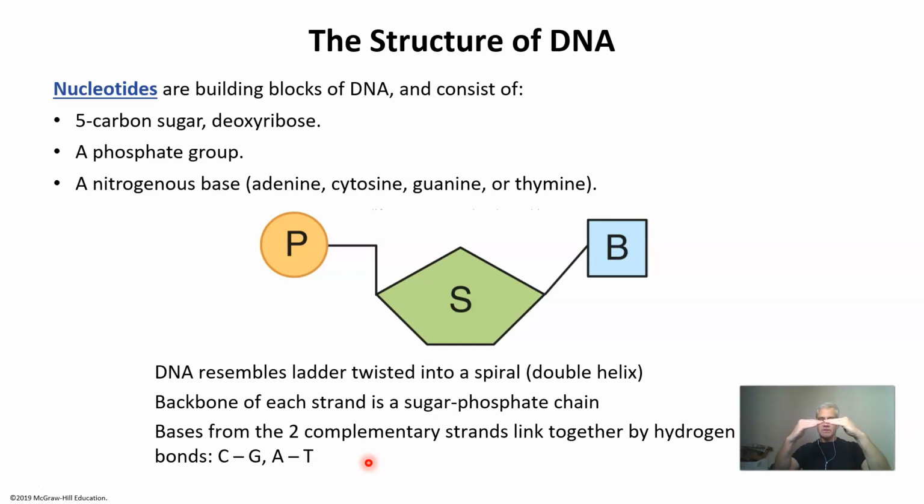Now they are attached by what are called hydrogen bonds, and we went through this in chemistry. Remember I told you that covalent bonds are the strongest bonds in physiology. Next in line are ionic bonds. They're fairly strong. And then third in line is the hydrogen bond. Hydrogen bonds are pretty weak. So you might say, well, if this nucleotide pairs up with another nucleotide over there, that's a weak bond, so what's the point? They're not going to stay together.